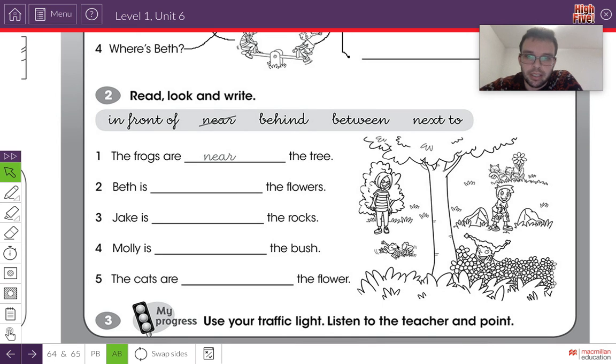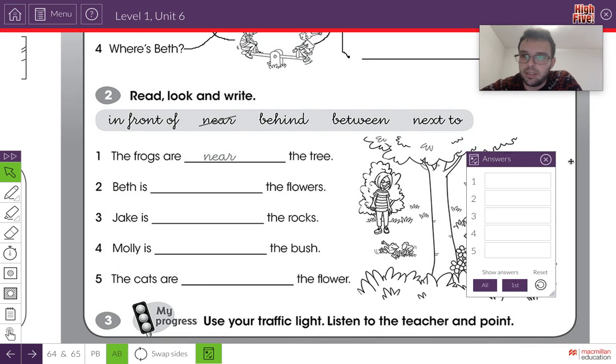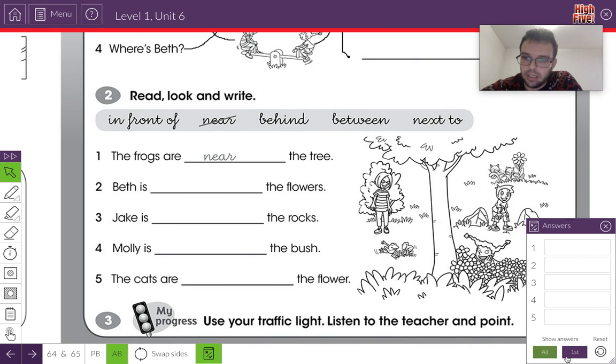These are the frogs here. Now, where are the frogs? The frogs are near the tree here, okay, they're near the tree. All right, so we have to write near here. Very good. Okay, let's get our answer up here. All right, good. Near.